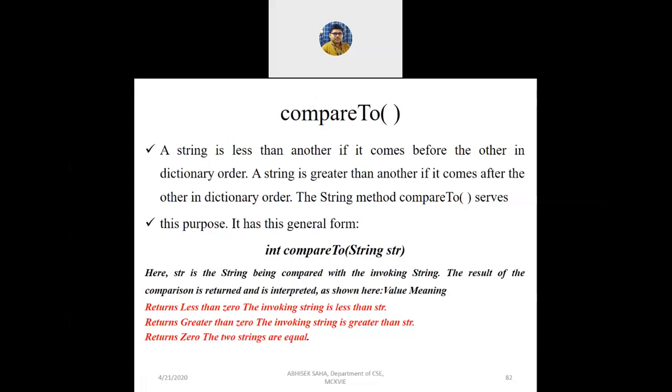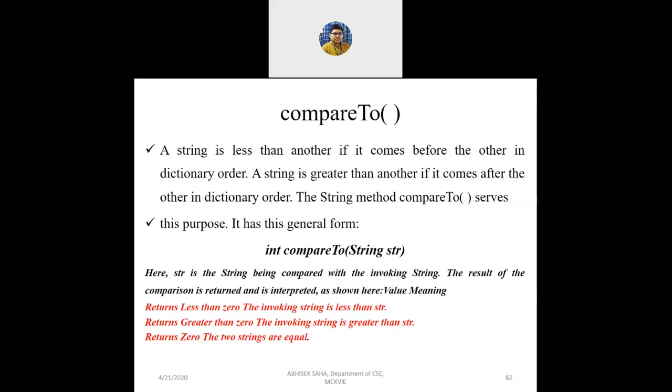What is the reason? Because if you see it in dictionary order, A, small a, then B, definitely this string will come first. Then A, capital B or capital C, whatever we consider, comes later.